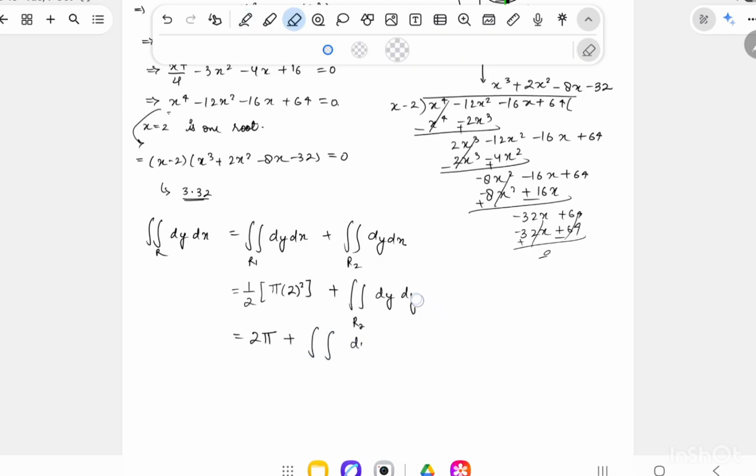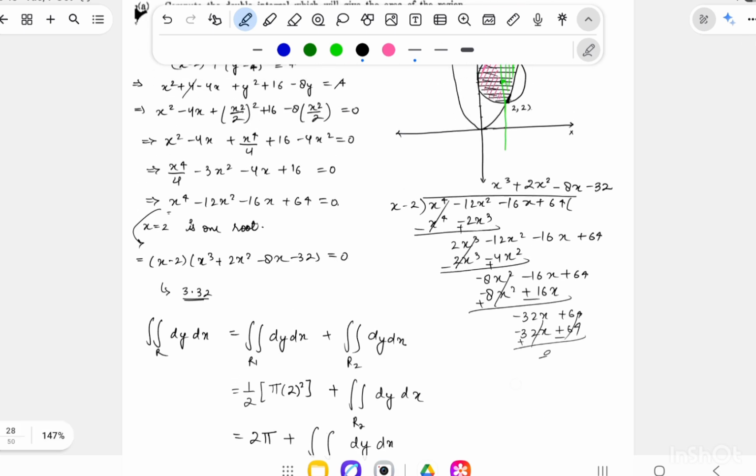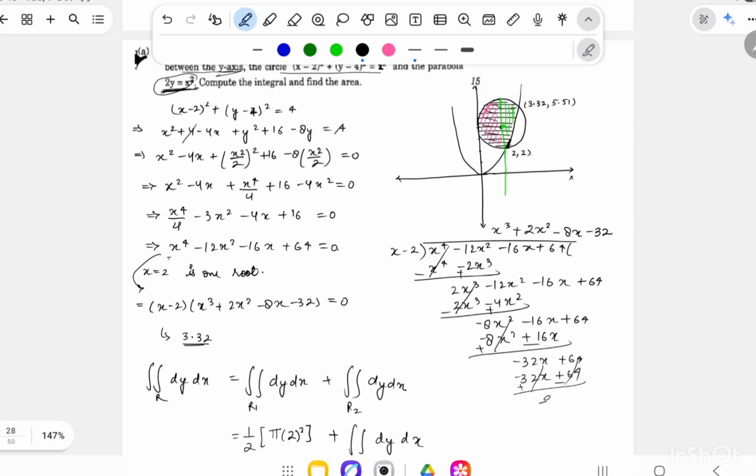Now I need to see the limits of region R2. If you see, in region R2 my x is varying from x equals 2 to this point, that is 3.32, and my y is varying from x square by 2 up till this point, which is the point on the circle.